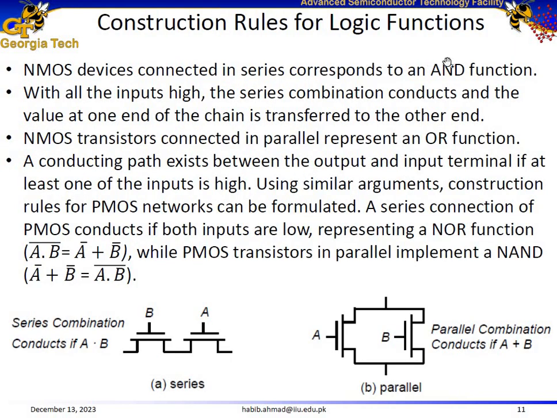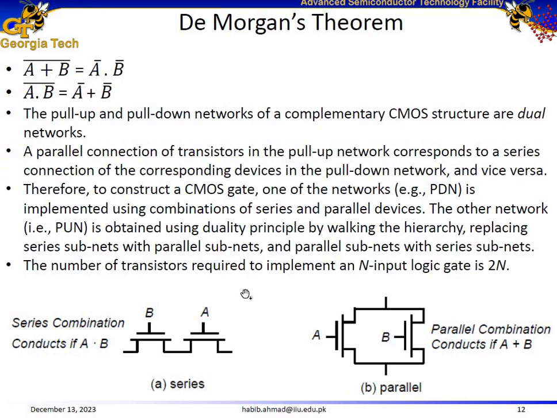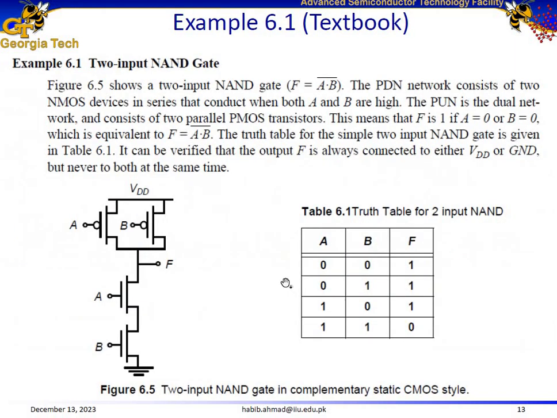Construction rules for logic functions. NMOS transistors connected in series correspond to an AND function. And NMOS transistors connected in parallel correspond to an OR function. Similarly, by duality principle, we can create the pull-up network as well.